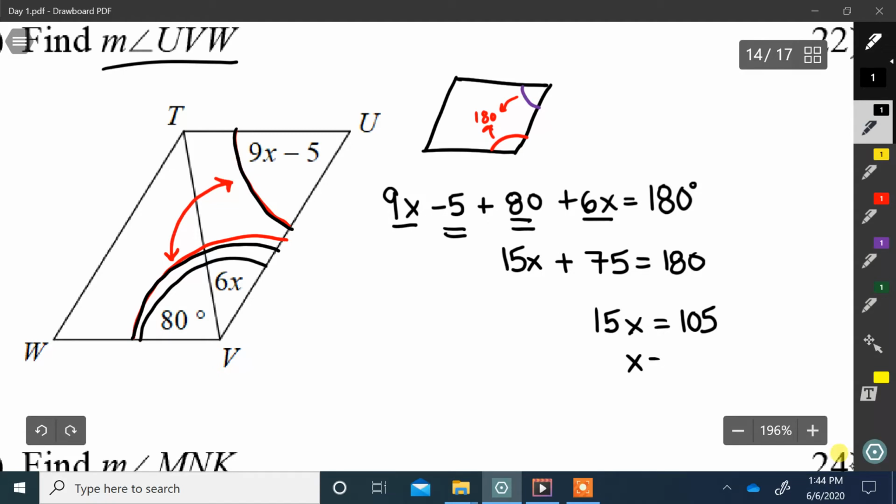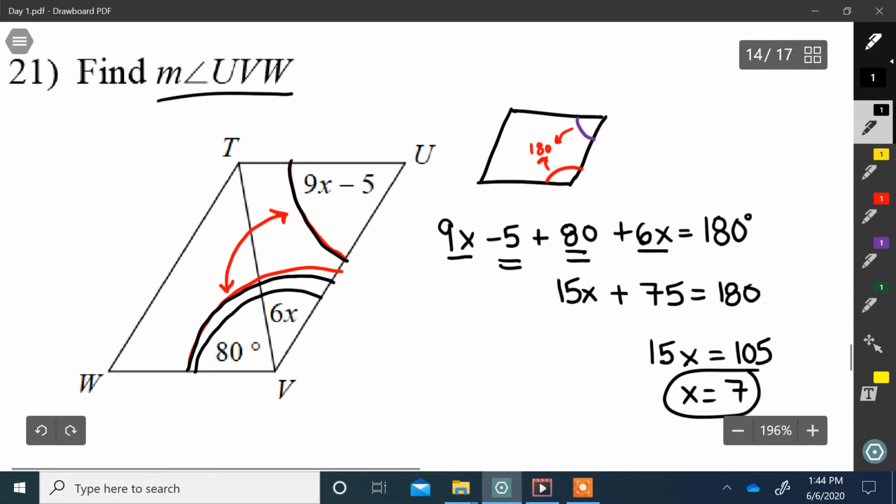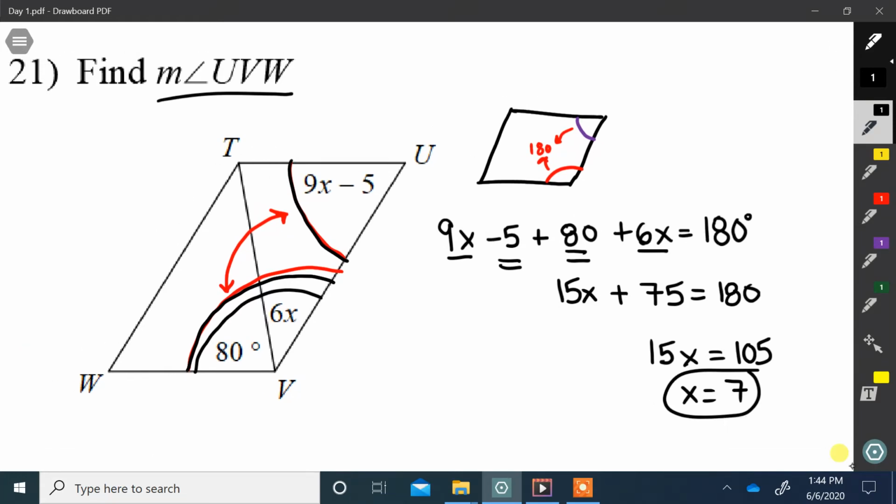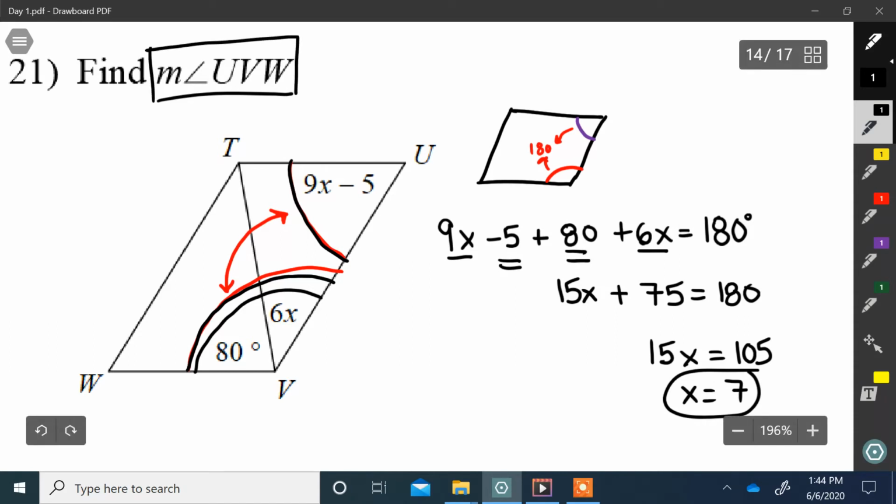When you divide by 15 on both sides, you get 7. That is not your answer, guys, because they're asking you to find the measurement of that angle, UBW.